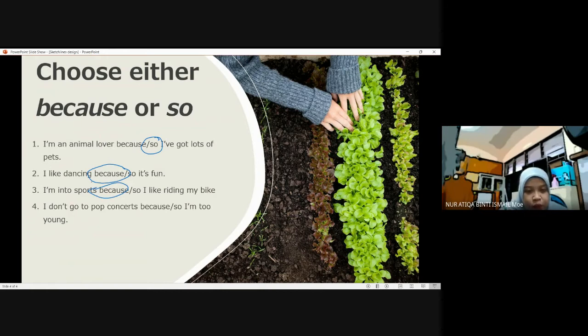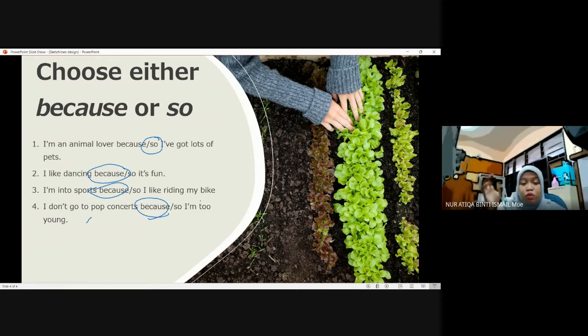Okay, so let me just find the link. Right, here it is. Okay, so the difference between because and so is that in Malay, to make it simpler, so is jadi. Because is kerana. So those things are very different. So is more an effect. When you use so, it is an effect.